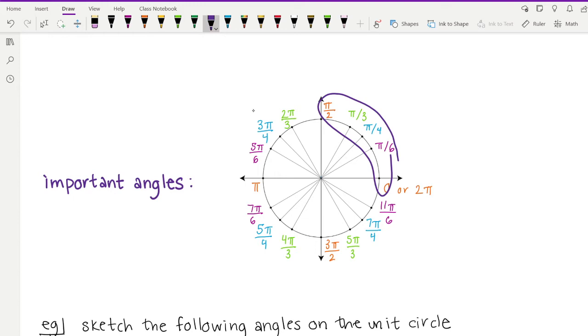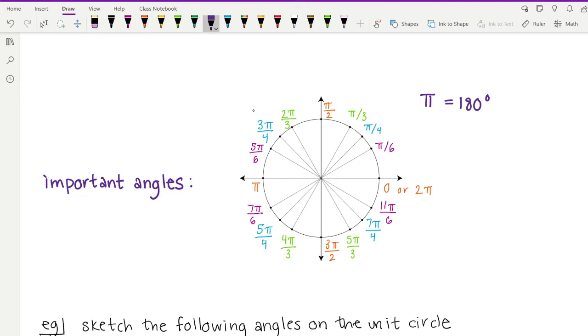And you don't even really have to memorize them. Really, all it comes down to is the fact that pi is 180 degrees. If you know that pi is 180 degrees, you can easily figure out, oh, pi over 6 is 180 over 6, which is 30, and so on. So if you know these building blocks of pi over 6, pi over 4, pi over 3, pi over 2, you can use those to find any other of these essential angles just by adding them together.